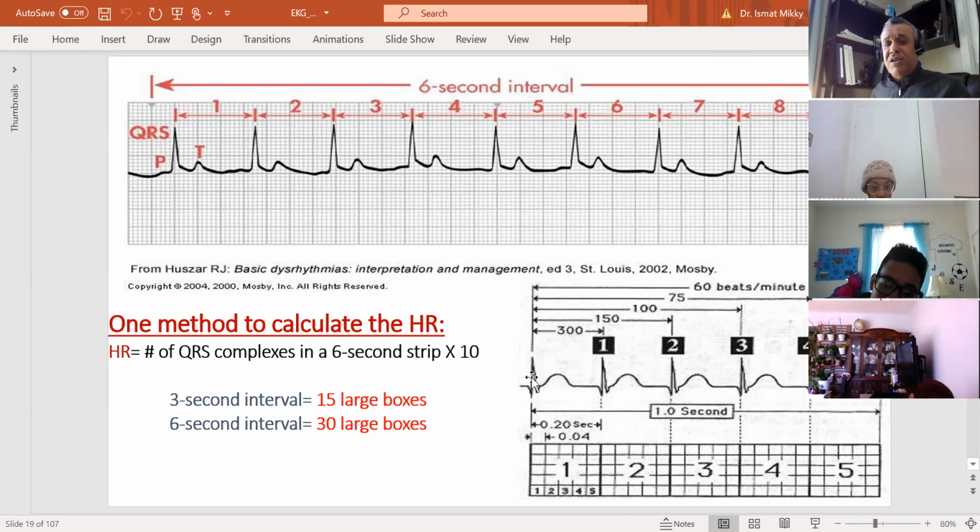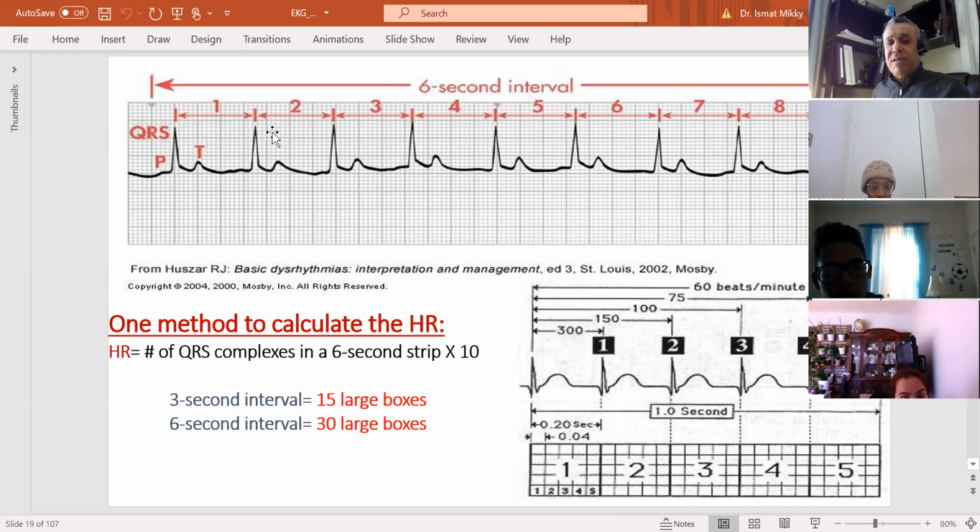Let's say that your patient's first R wave is here, and the second one is this one, number 4, and in between there are no R waves. Then your patient's heart rate will be determined by 1, 2, 3, 4 boxes. Like this patient has 1, 2, 3, and the 4 will be right here.